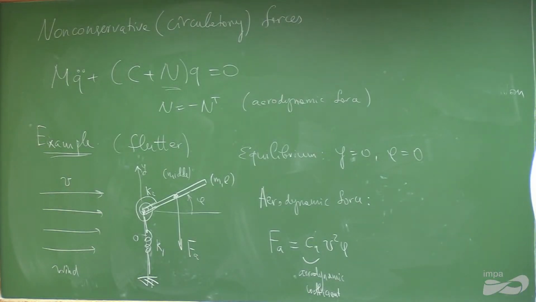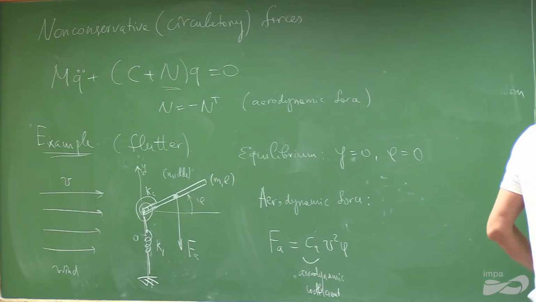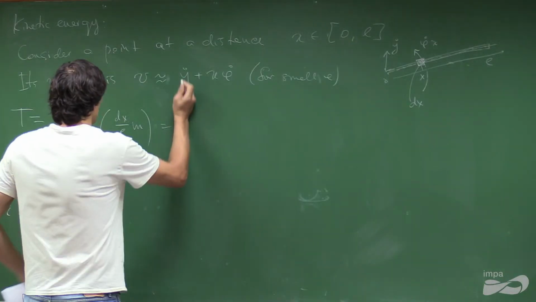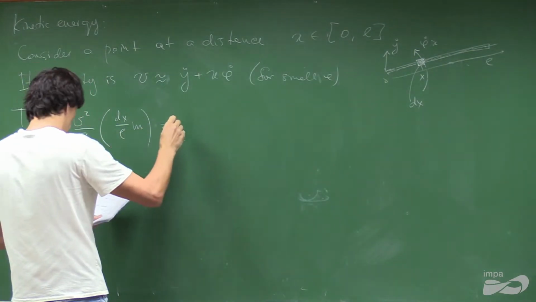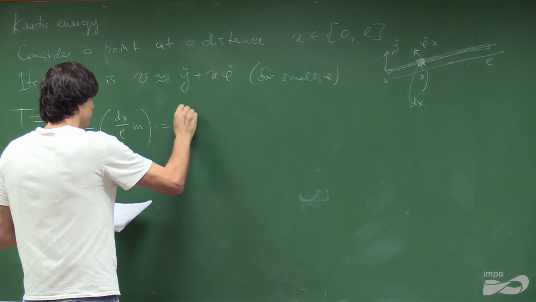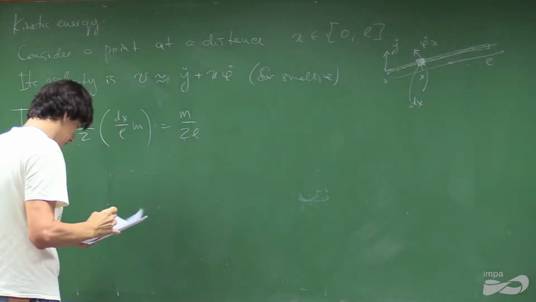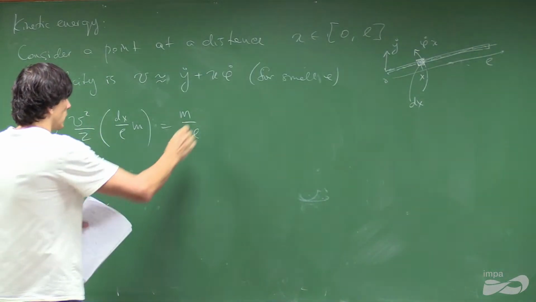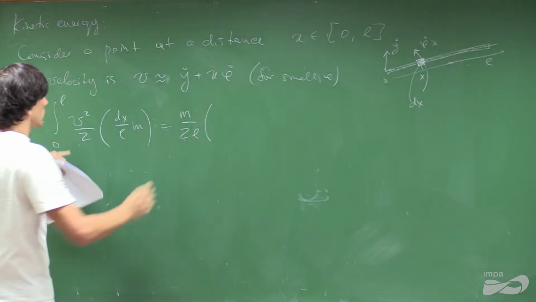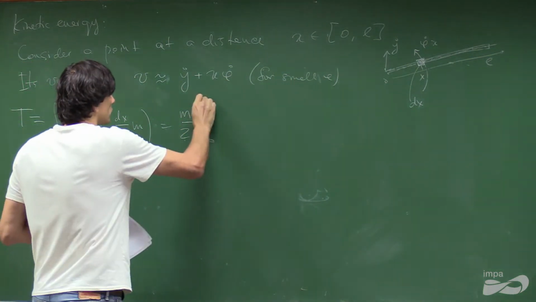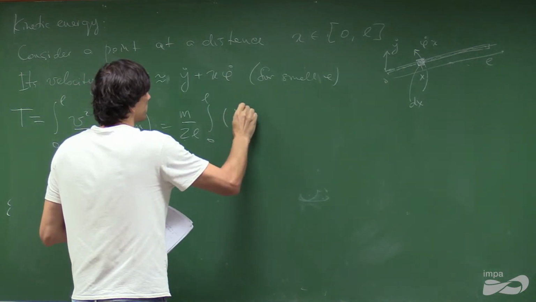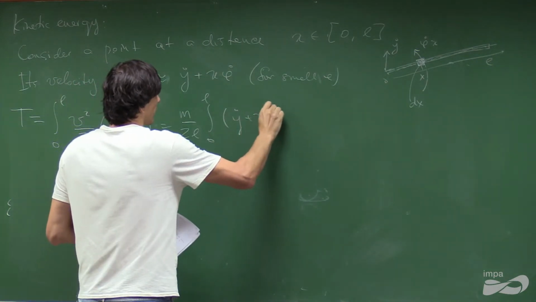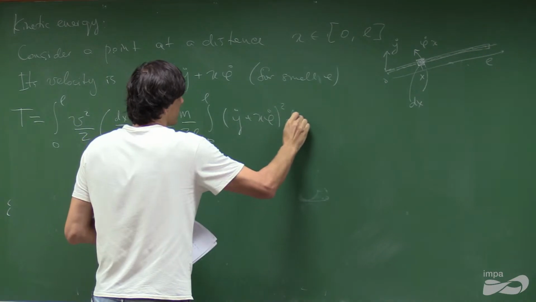So we put this expression. We can put m over L outside, over 2, and then there will be the integral from 0 to L of v squared dx.